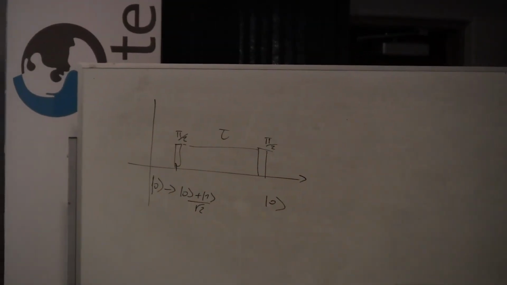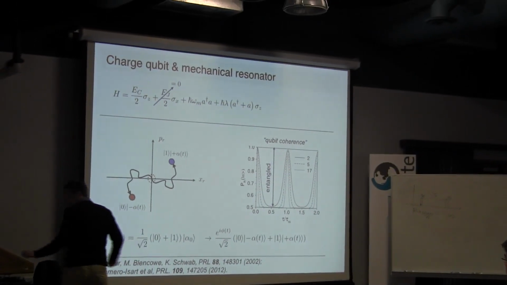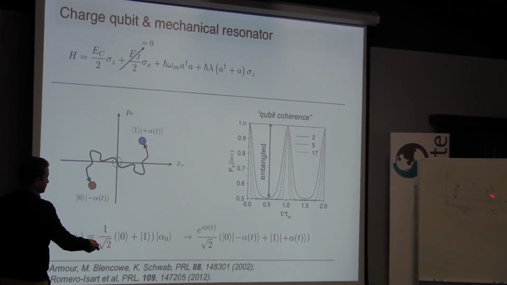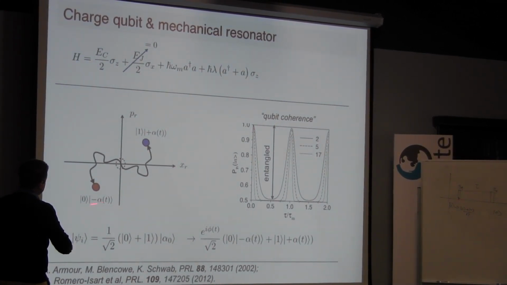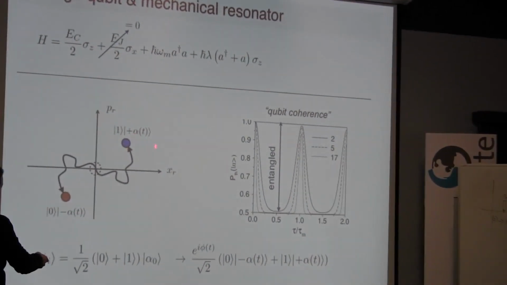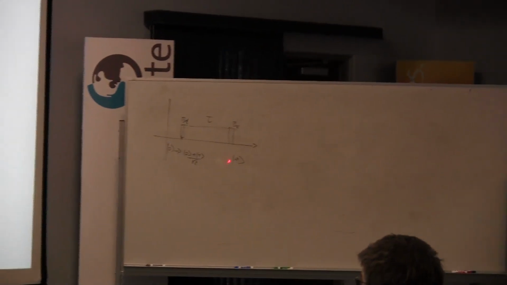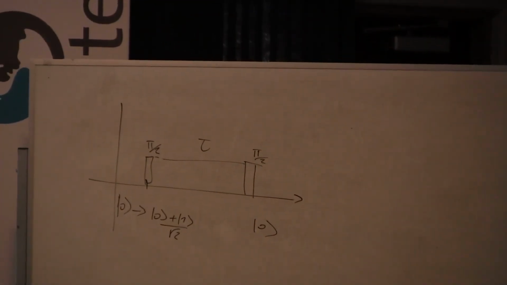But because in the intermediate times you have actually created this entangled state, instead of recovering the ground state perfectly, you have this big entanglement between motion and internal state. So you actually get an entangled state, and if you just measure the spin, you will have a probability of 1/2 in the ground state and 1/2 in the excited state.